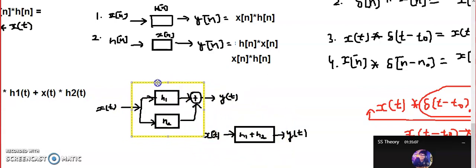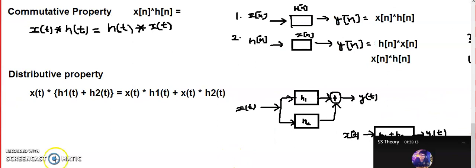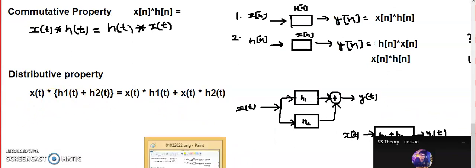Simply why? Because convolution follows the distributive property.